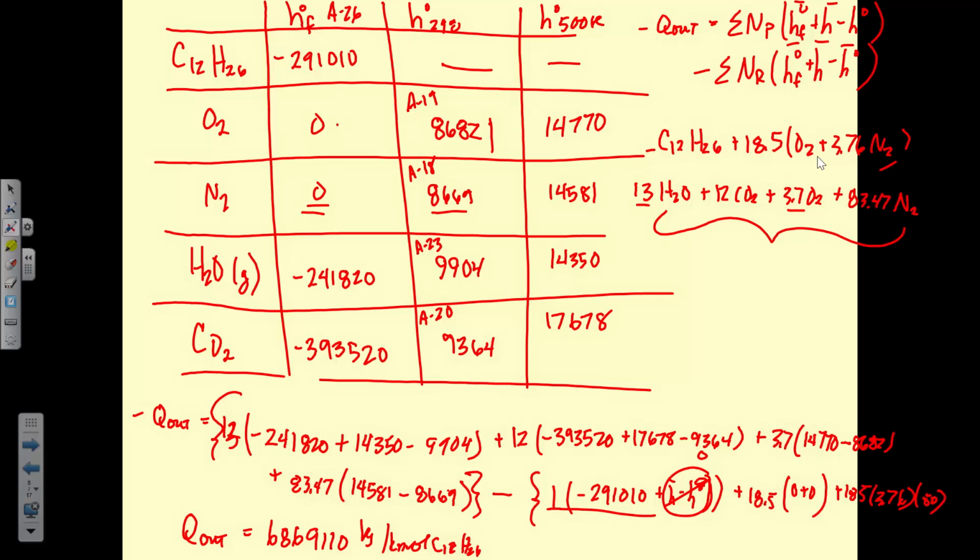So then if we want to know our mass flow rate of our fuel, our mass flow rate is going to be equal to Q dot over Q multiplied by the molar mass. And the molar mass for C12H26 is equal to 170 kilograms per kilomole.